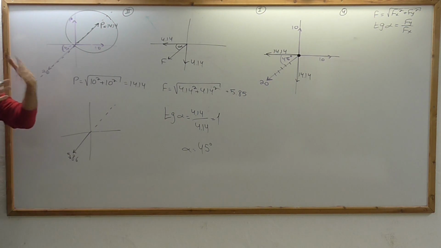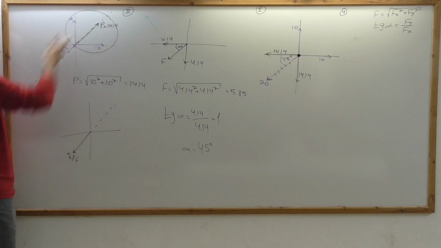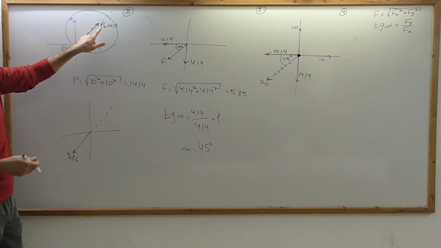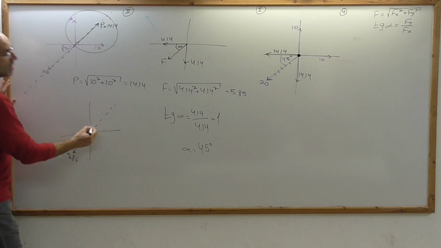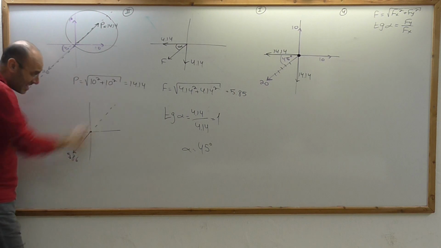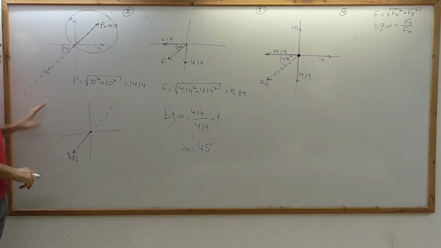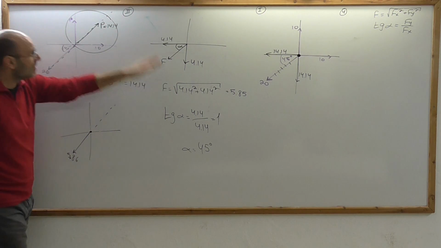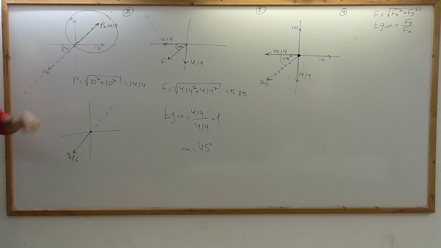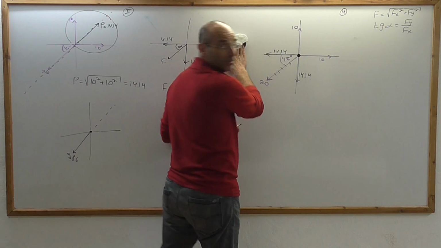Because I know, because it's a symmetrical problem, that the direction will be somewhere here. If the P was to be stronger than this one, again, it will be exactly on the same direction, but instead of downwards, it will be upwards. So this is another way to solve a symmetrical problem. Not like that, but like that. Let me show you another way to solve this problem. Interesting.